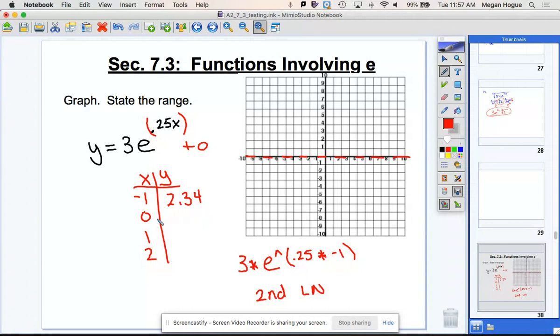If you got that, go ahead and fill out the rest of the table. Go for 0, 1, and 2. If anyone's having trouble getting it, your calculator's different, or you're just having issues, let me know. And you can round to 1 or 2 decimal places. It doesn't matter to me.